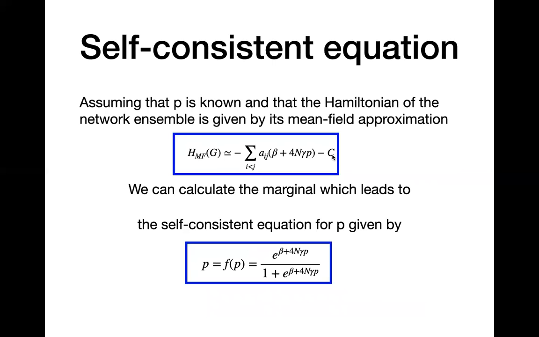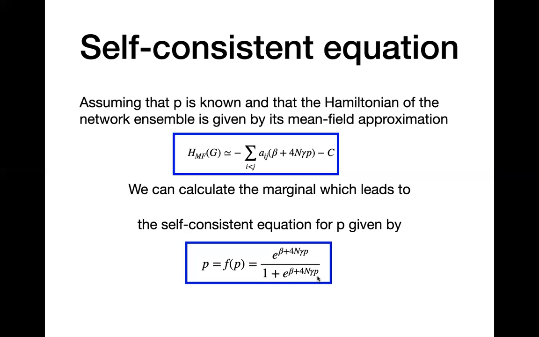So if I calculate the marginal p, which is the expectation of a_ij, I get a function which is my familiar logistic expression, where I have this term which is beta plus n gamma p here.